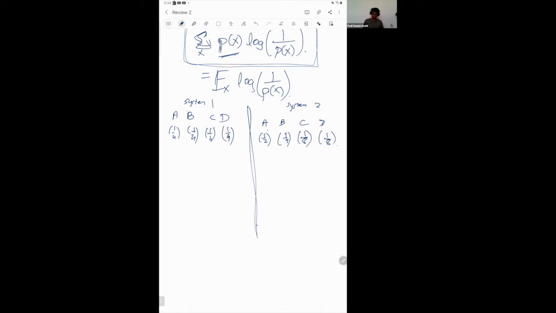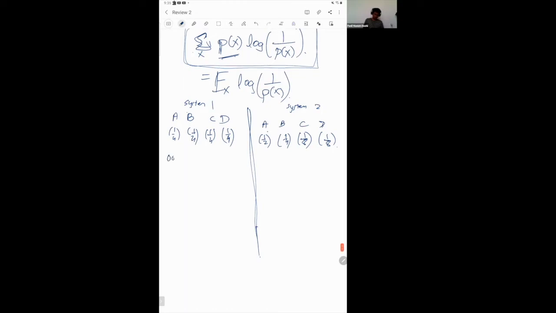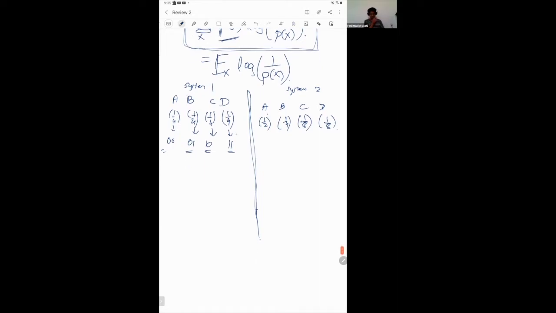Here I can simply give all of them equal weightage, just provide 2 bits to represent each of them, and I would be efficiently able to do it.